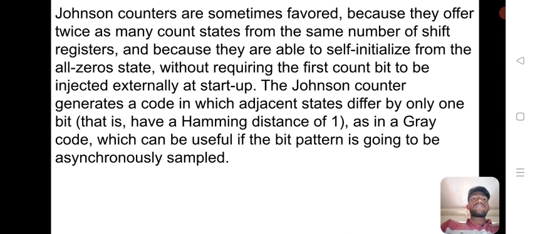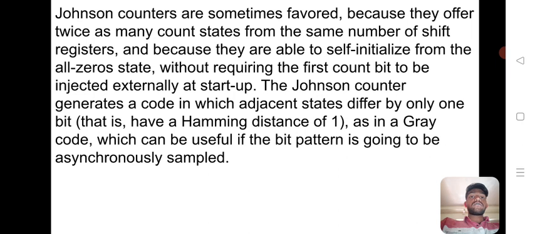Johnson counters are sometimes favored because they offer twice as many count states from the same number of shift registers and because they are able to start from the all zero state without requiring the first count bit to be injected externally at startup.